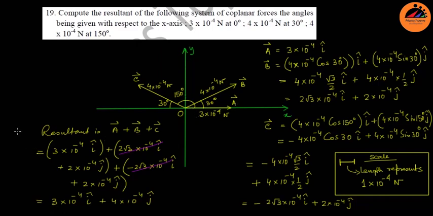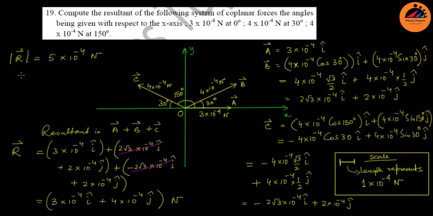Let's say this is r. So r vector is this. So magnitude of r is the square root of 3 squared plus 4 squared, so that's 5 into 10 to the power of minus 4. Okay, and newtons. So this is also Newton.